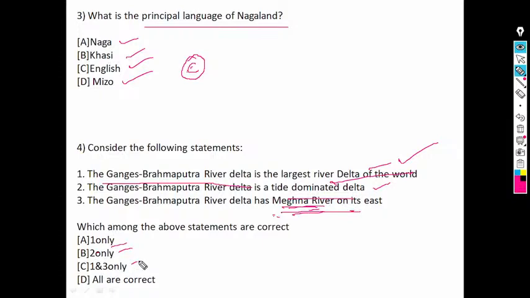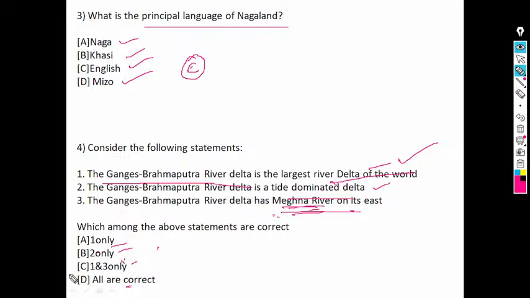One only correct, 2, 1 and 3, and all are correct. The Ganga Brahmaputra river delta has Meghna river on its east. Okay, it's not east, it's the south. Brahmaputra delta is a tide dominated delta.